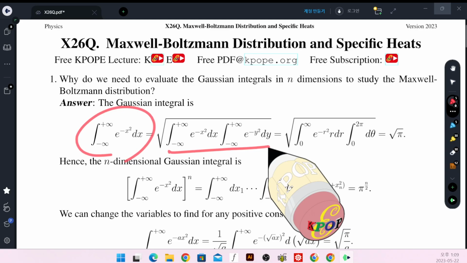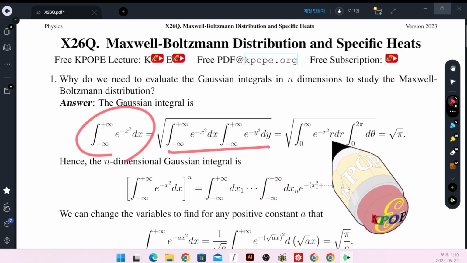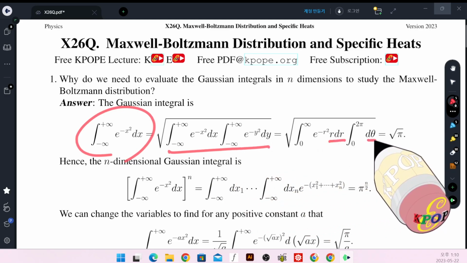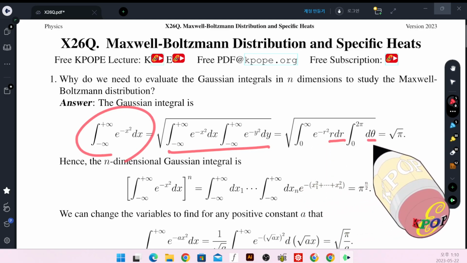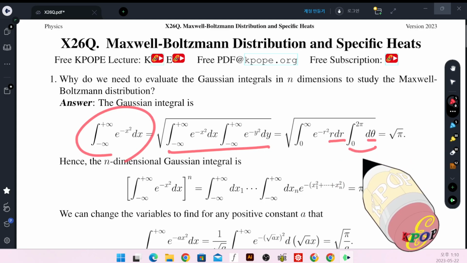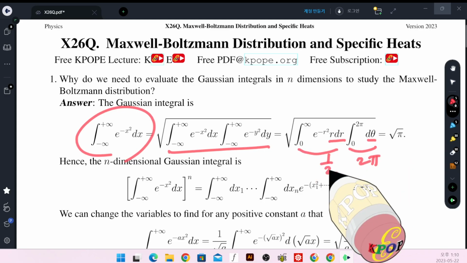The evaluation of the integral becomes trivial if we make use of the two-dimensional polar coordinates. In that case, dx dy can be converted into area in the two-dimensional polar coordinates as r dr d theta. The complete decoupling of the radial and angular integral shows that this angular integral is 2 pi and this radial integral is 1/2.